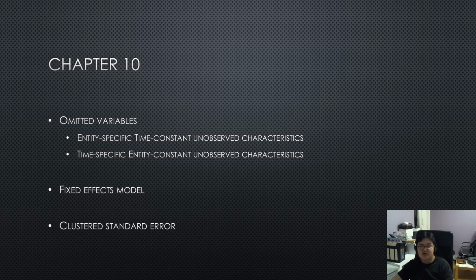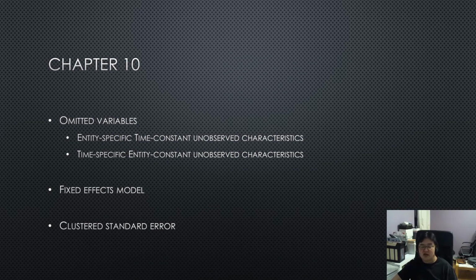Because everything is linear, interpretation is not very difficult. But what's interesting here is that including the fixed effects may totally change the result. Without fixed effects, the coefficient may be positive, but after adjusting for the fixed effects, the sign could be different. That's the example we considered in the textbook. So it's a very important model.